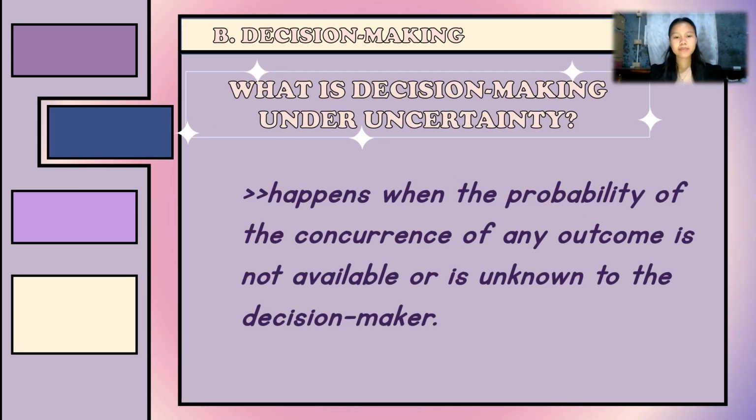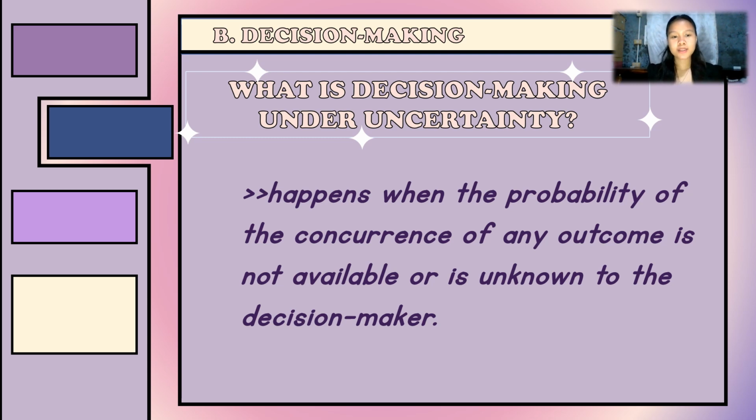The second type of the decision-making environment is the decision-making under uncertainty. Ano nga ba yung decision-making under uncertainty? Ito ay kabaliktaran ng decision-making under certainty. Yung decision-making under certainty, sigurado ka sa mangyayari. And dito naman, sa decision-making under uncertainty, hindi mo alam kung ano yung mangyayari.